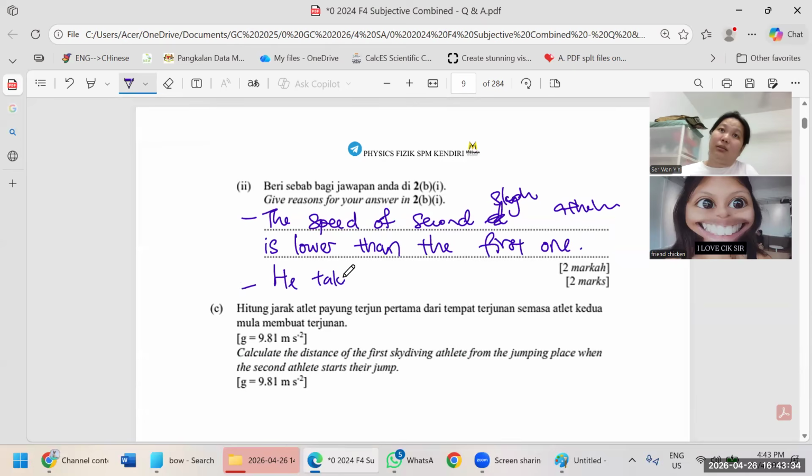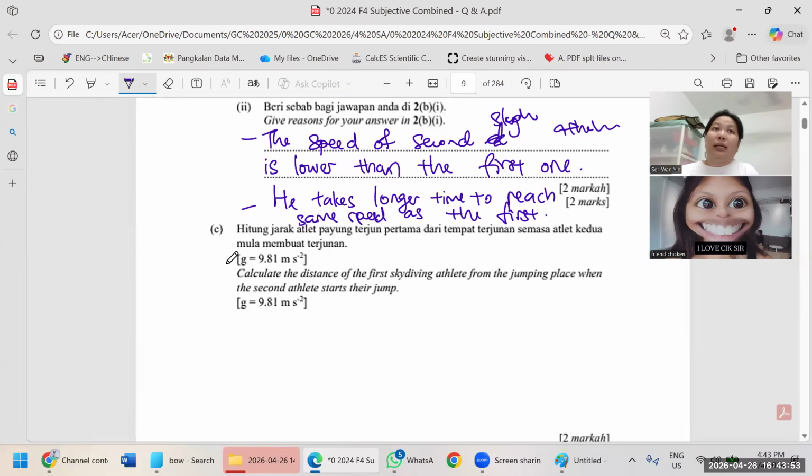It takes longer time to reach the same speed as the first one. Okay.